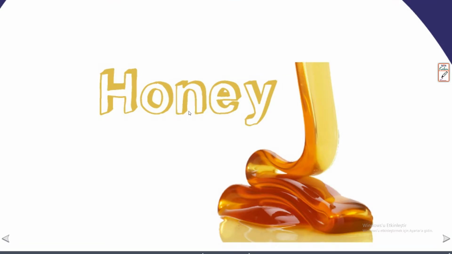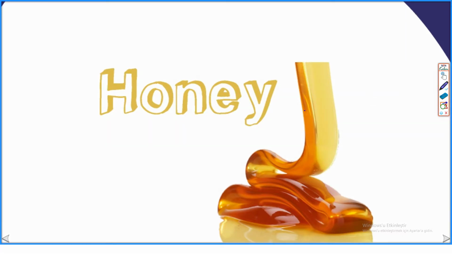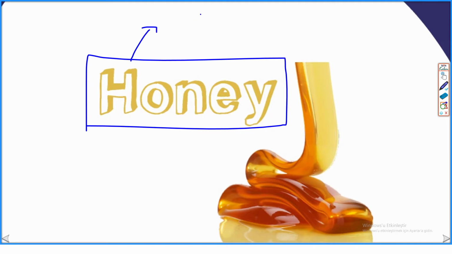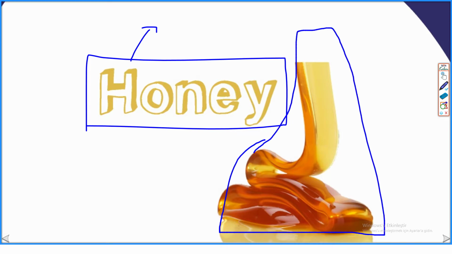And honey is also an uncountable thing. We say our loved ones say honey, but not a honey, of course. We can't say a honey, and we can't say it in plural, but we know that honey is uncountable, guys.